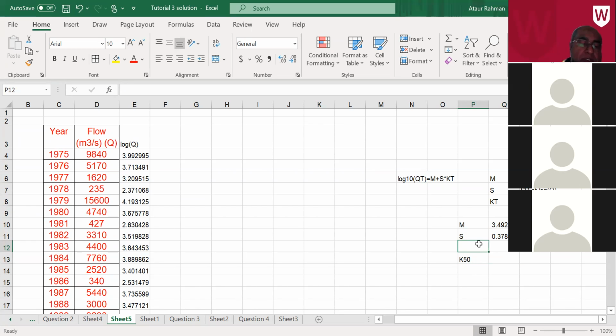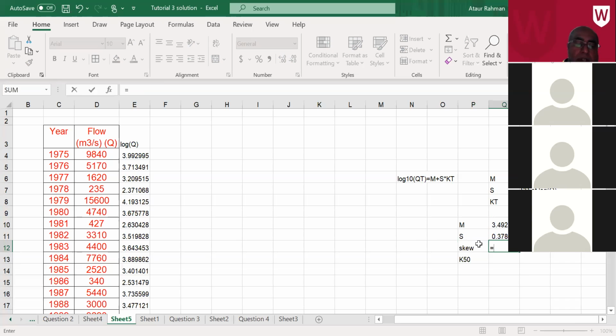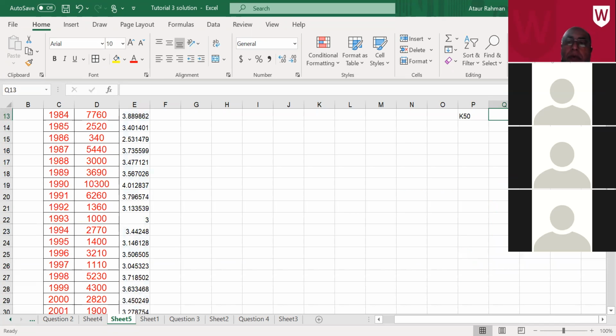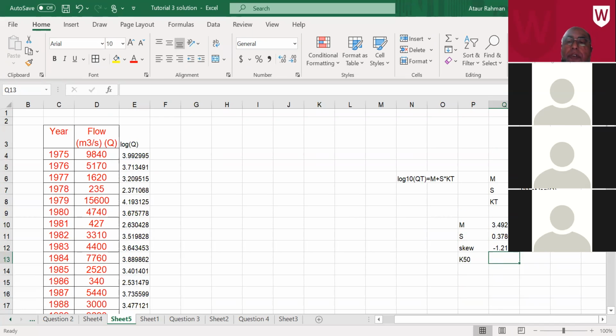So let us find the skew. Skewness of the data is SKEW of the data. So skew is minus 1.21022.